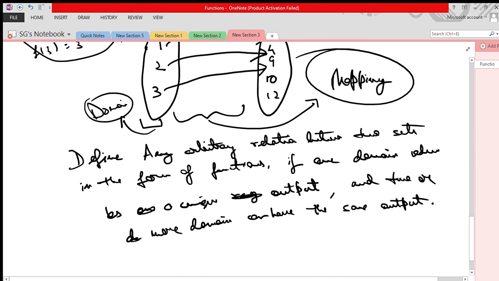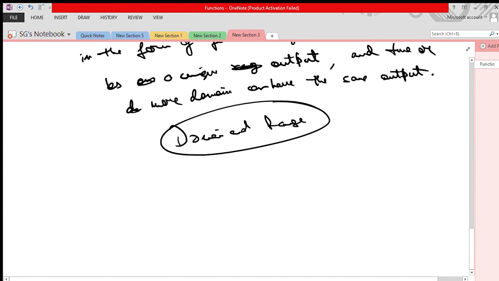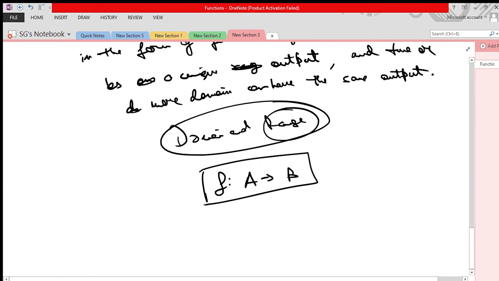Now you people might have heard the term domain and range. I just told you what a domain is. I have not told you about range, but I have told you about domain. I just told you about the structure, that this representation tells us that f transforms the elements of A to the elements of B. Now, what does A involve? All the inputs. So this set is called the domain.